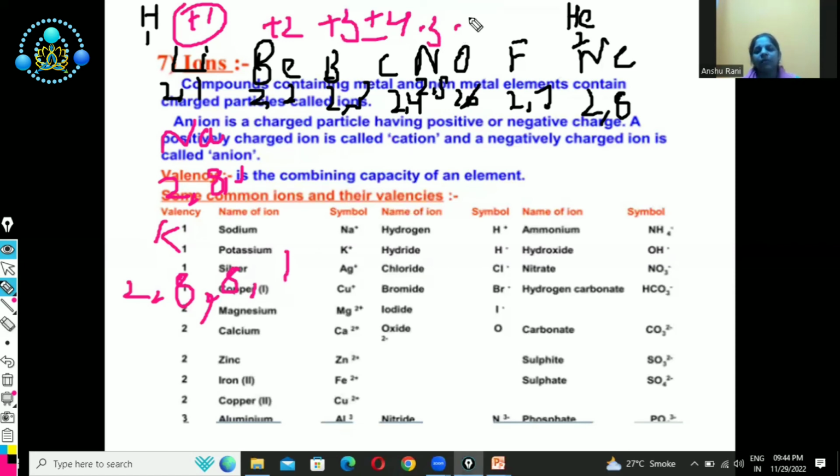The oxygen family has a valency of -2 as they want to gain 2 electrons to complete their octet. The fluorine family, halogens, have a valency of -1. They want to gain 1 electron. Helium, neon, and so on have a valency of 0, meaning they don't want to gain or lose electrons. So the first 20 elements can be written in this way and you can calculate their valency.